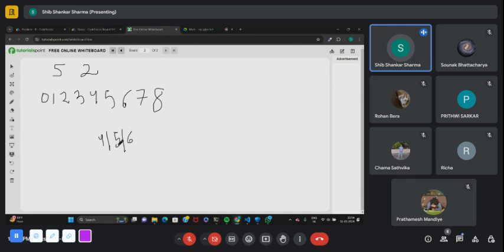And what will happen in the next second? You also have to consider this element and this element as well. So 4 will become 3 or 4 or 5, and similarly 6 will become 5 or 6 or 7.